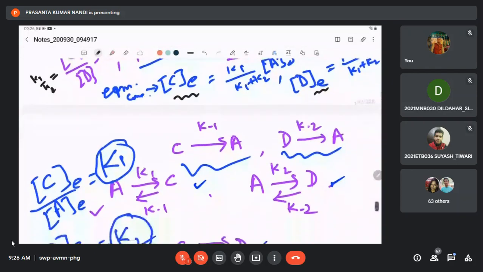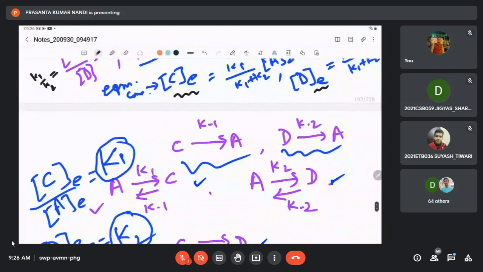For these reactions, A to C, normally we should write this equilibrium constant, capital K1, denoted here, is equal to k1 by k minus 1, that is inverse. So this is the expression of the ratio of the equilibrium concentrations, which we call the equilibrium constant.